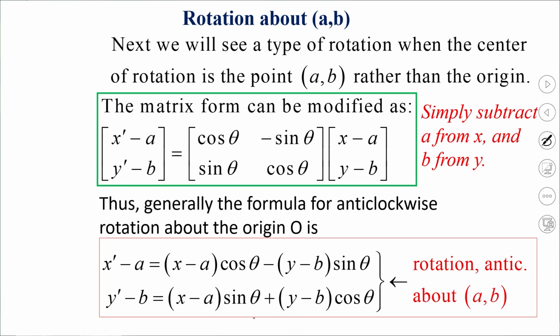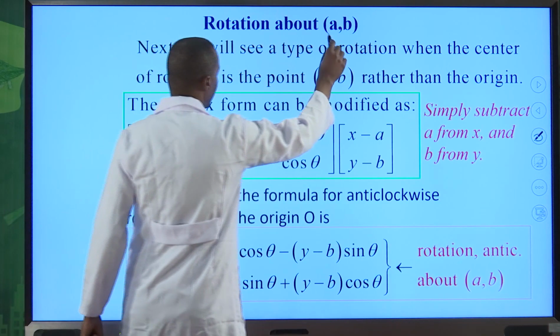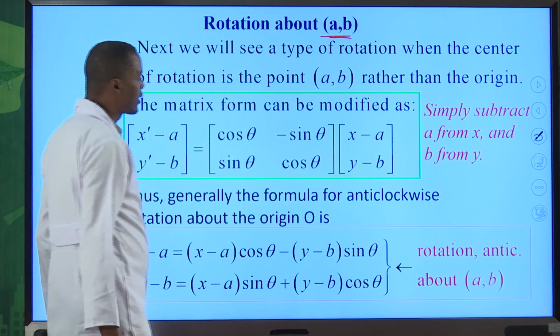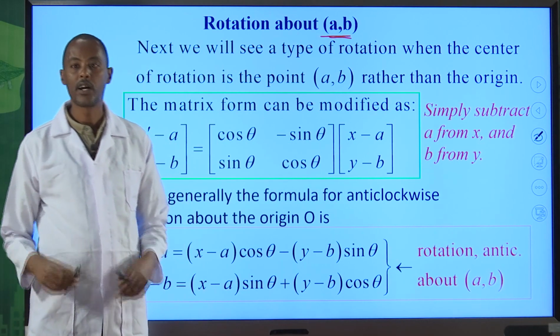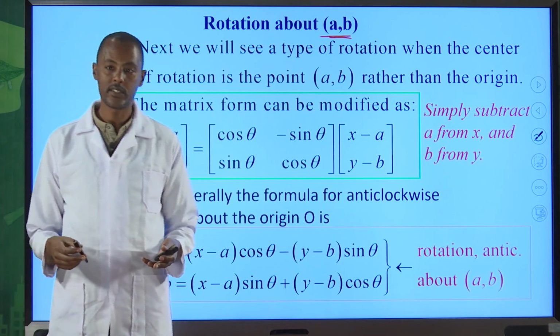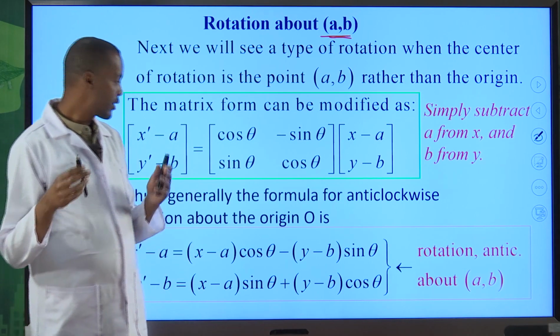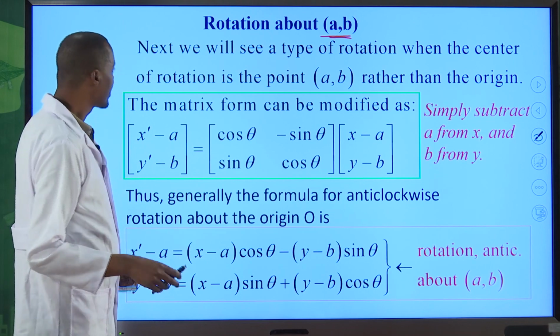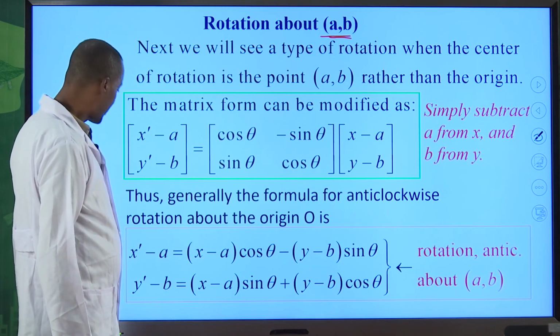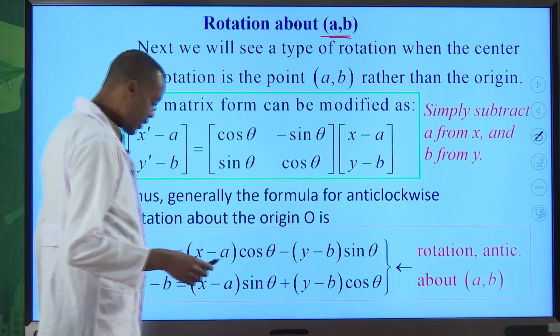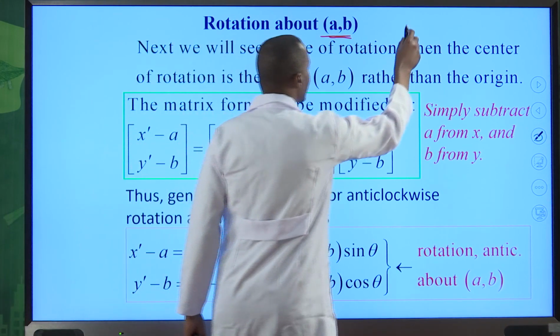This is a formula for rotation about a point a, b. Previously, we have been talking about whenever rotation happens about the origin, that is about the point 0, 0. But now, what if the rotation is rather than being about the origin, about any other point?